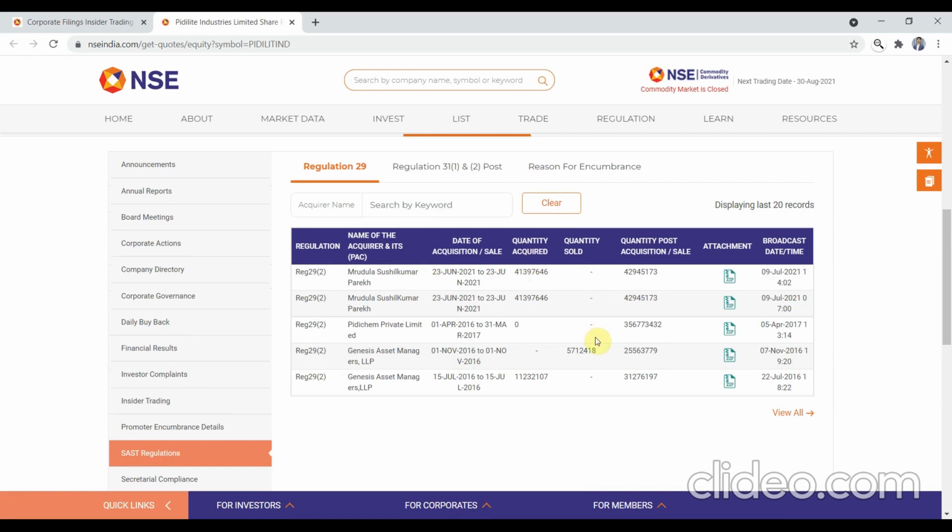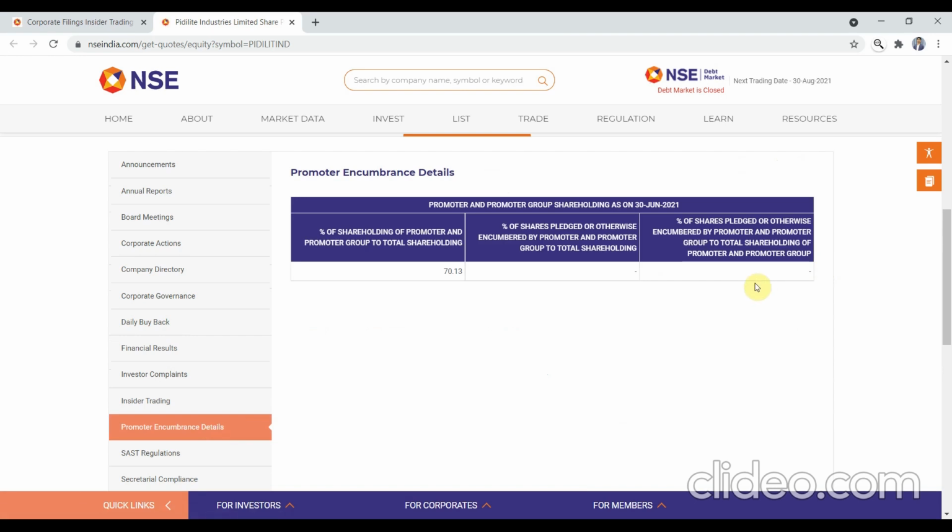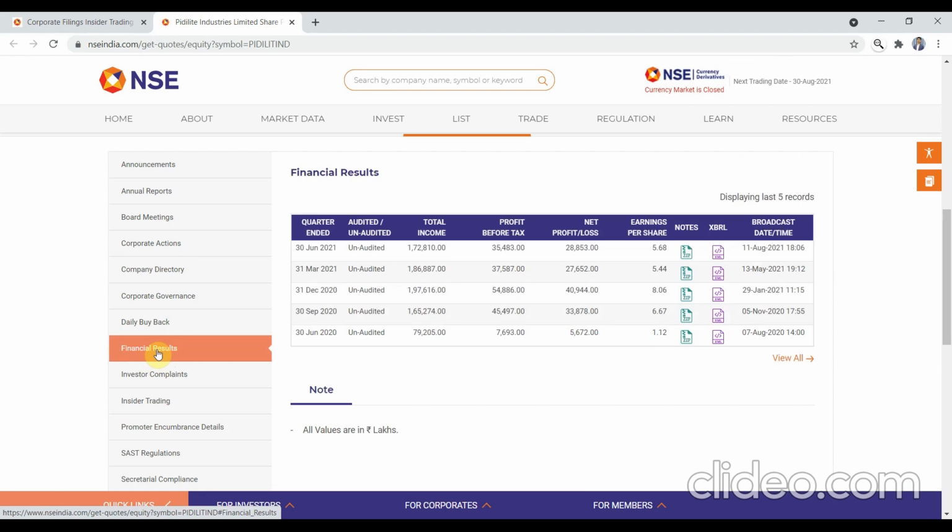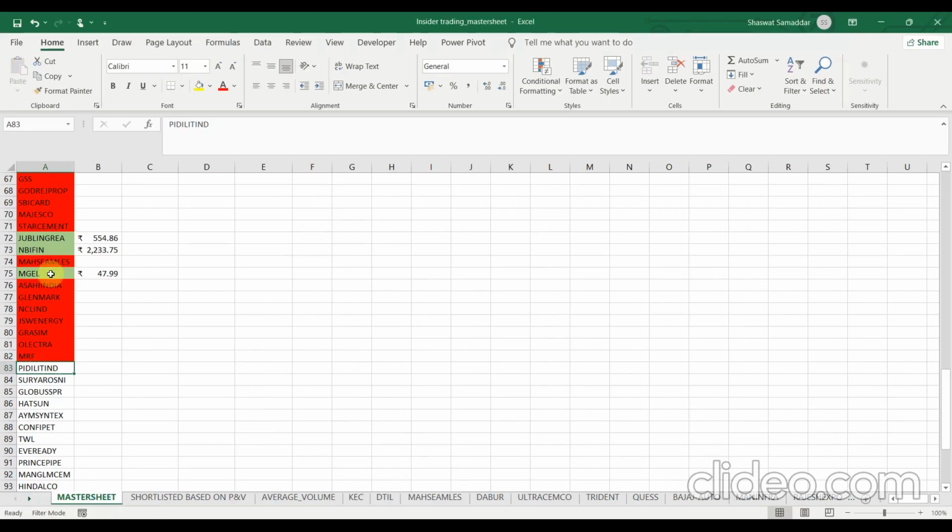Okay, so there has not been selling in the last 6 months, so it's good. Promoter encumbrance, there is no pledging in this share. Okay, so it has passed all the three mandatory filters. Now it's time to check the optional filter, earnings per share, that we'll find in financial results. So the earnings per share is a positive number, so it has passed all the filters that we have applied. So I'll mark the stock as green.